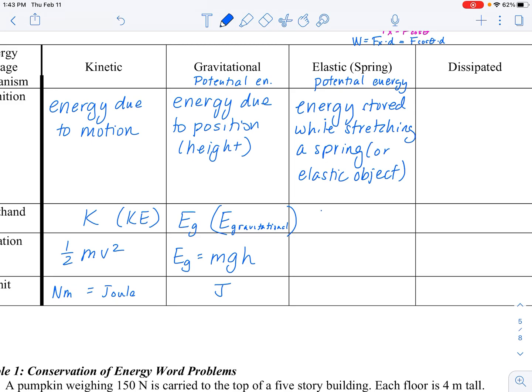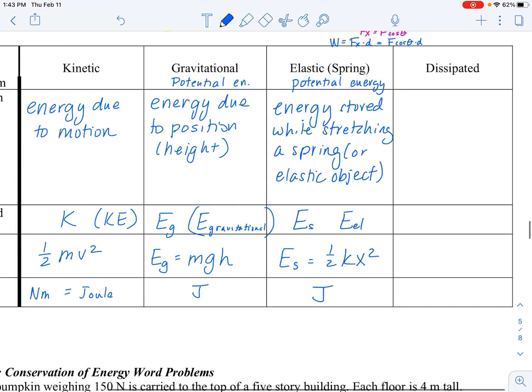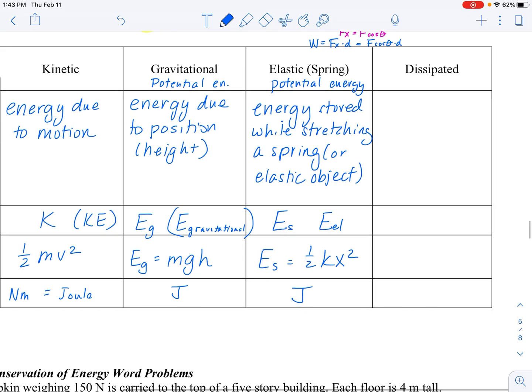The symbol, sometimes we'll see ES for E spring. Sometimes we'll see EEL for E elastic. And the energy stored in a spring is 1/2 kx squared, where k was the spring constant and x was how far it got stretched. And joules is the unit.